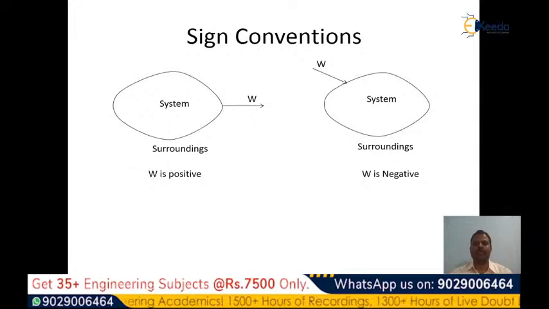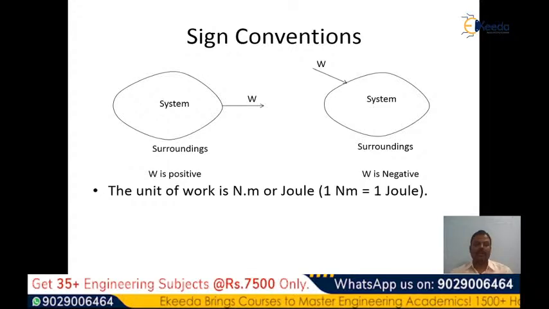Here work is done on the system, that is, on the air. So here work is taken as negative. So these are the two sign conventions for work done by the system or on the system. To repeat, work done by the system is taken as positive, whereas work done on the system is taken as negative.